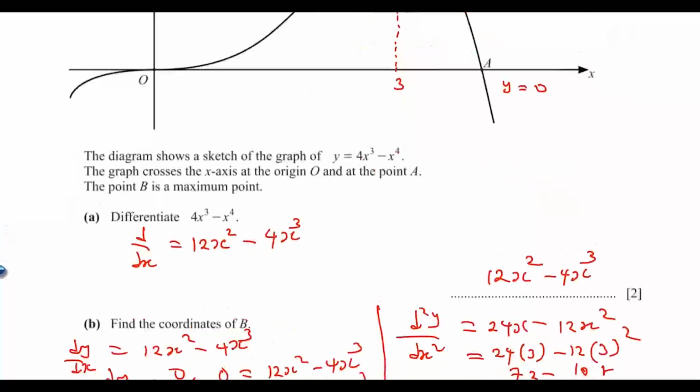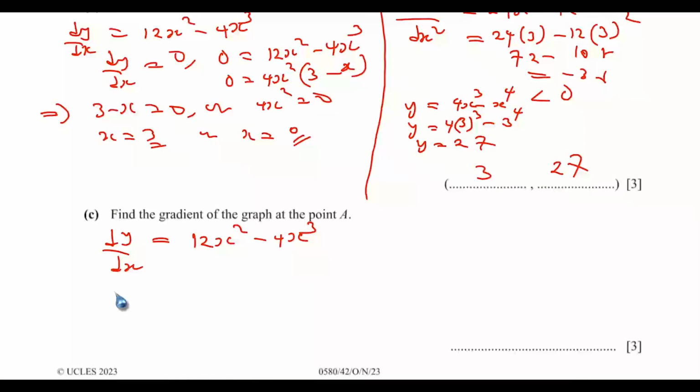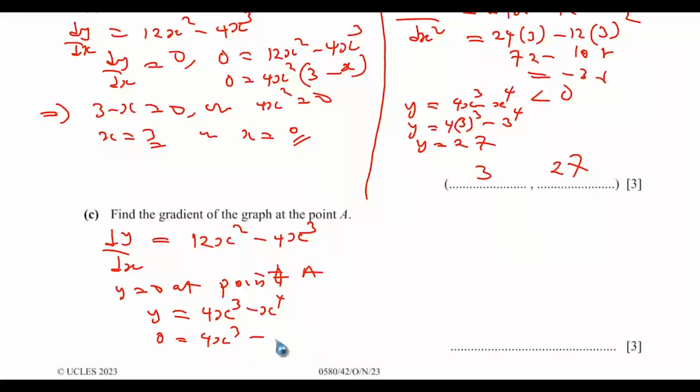So let's scroll down and do that. y is equal to 0 at point A. So y equals 4x cubed minus x to the power of 4. So this is now 0 equals 4x cubed minus x to the power of 4.